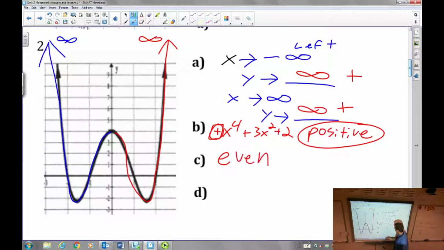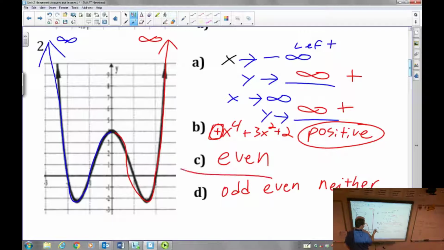And then D, is it an odd, even, or neither function there? Let's see. We can do a test. The first step to see if it's even would be if it's reflective. For example, let's take this side, reflective about the y-axis.